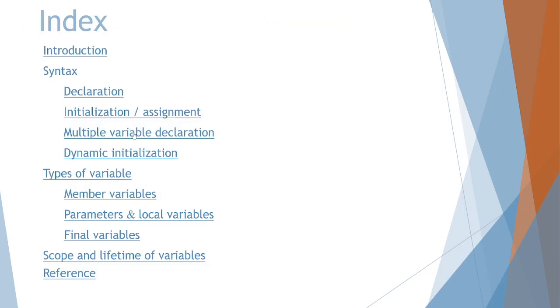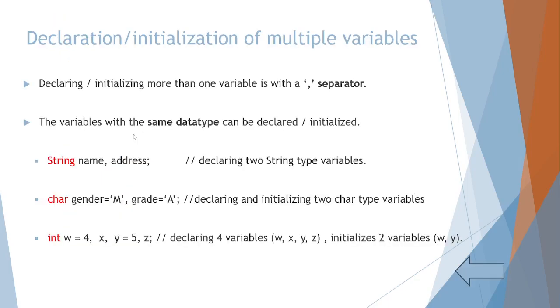Then comes multiple variable declaration. Declaring or initializing more than one variable is possible if all those variables belong to the same data type. And this is done with the help of a comma separator. For example, string is a data type, but I want two variables. One is name, second one is address.